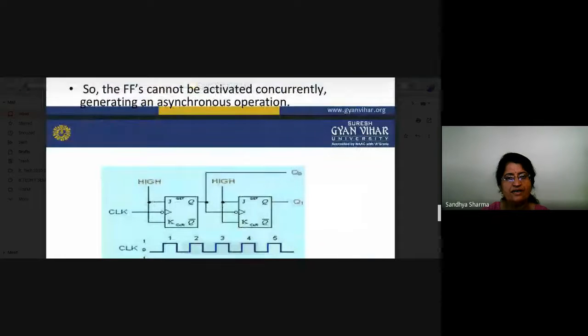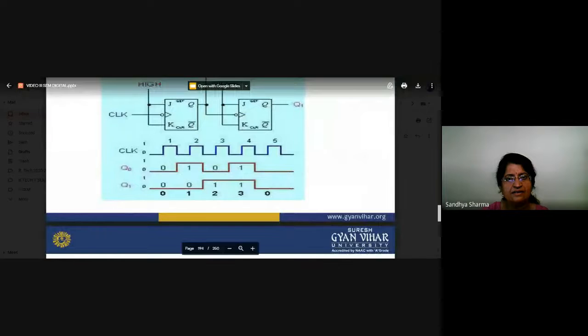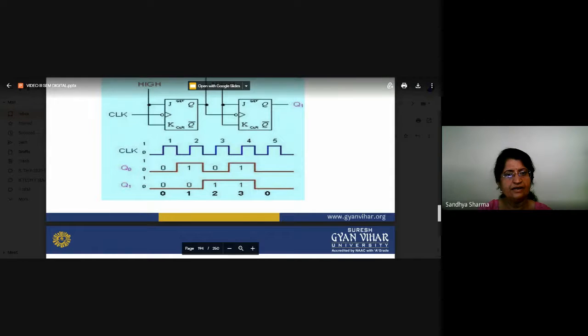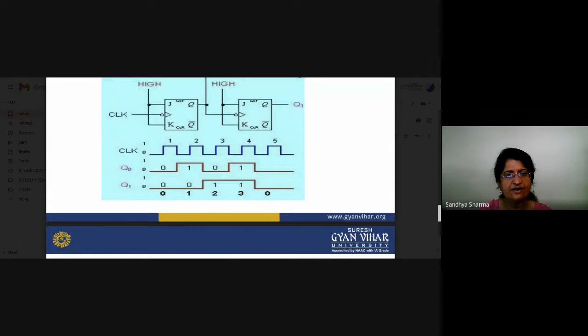So we will see in this diagram, we have given the signals high, and the output of the first is applied to the clock signal of our second flip flop. So you can see here, at the negative edge trigger, the first flip flop will be activated.